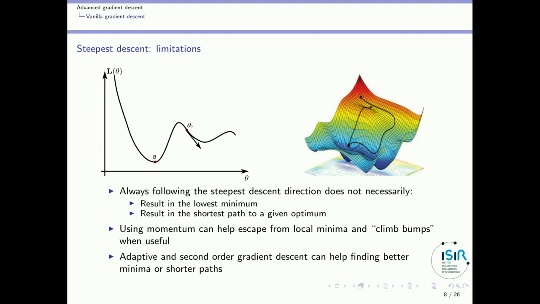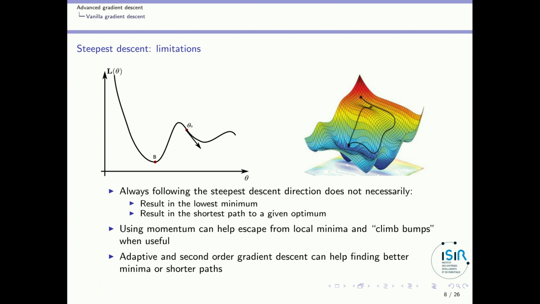Also, you won't reach the optimum through the shortest path. Here you have an example. If you just follow the steepest gradient descent, you will go that way to this optimum, or to this one actually. But if you could climb the bump here, you would go a much shorter way to that particular local optimum.